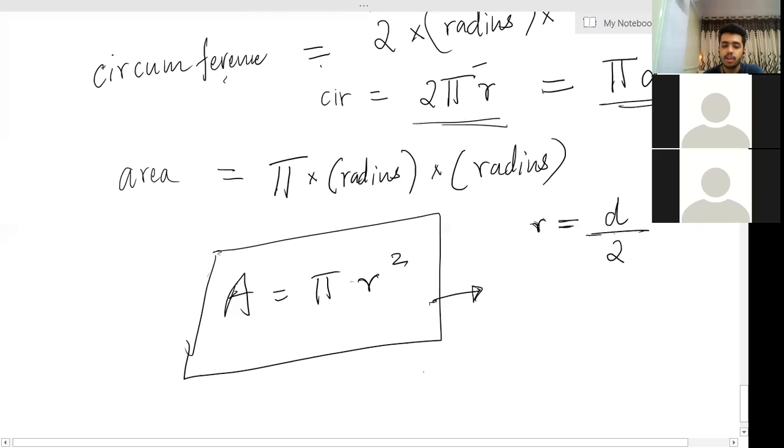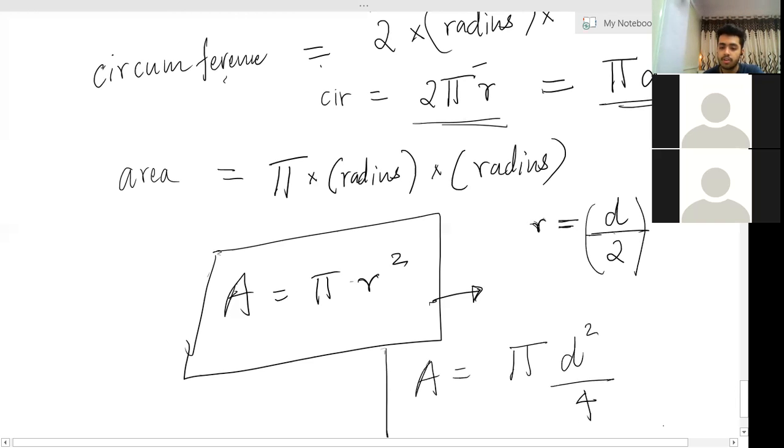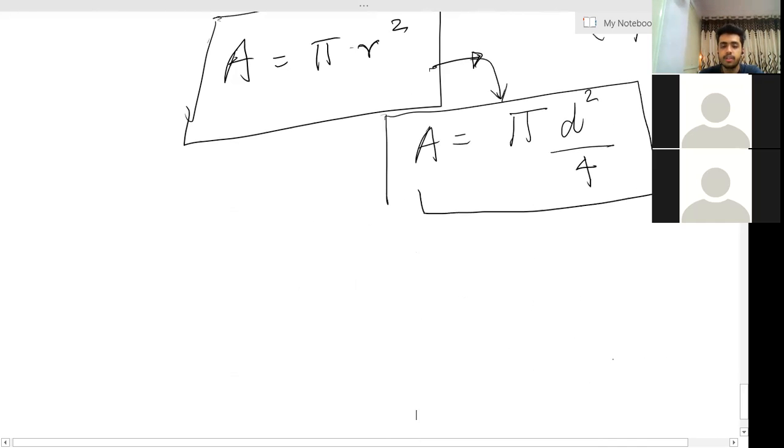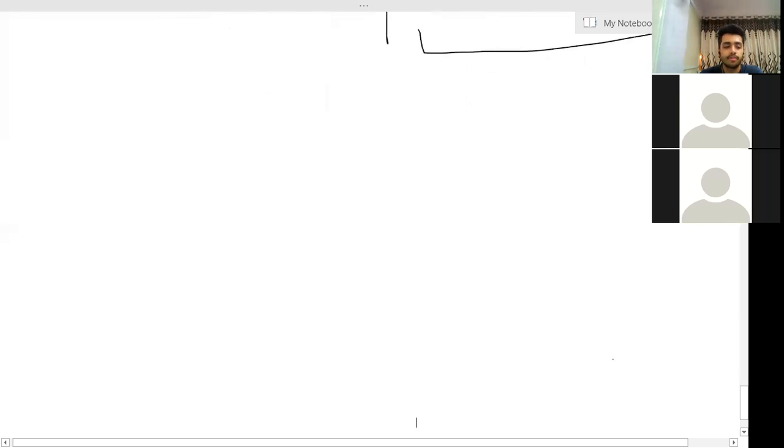I can also get area is equal to pi d square by 4, not 2, because it will become d by 2 whole square. So 2 square is how much? 2 square is 4. So this is the same thing. Pi r square is equal to pi d square by 4. This is the area of a circle.